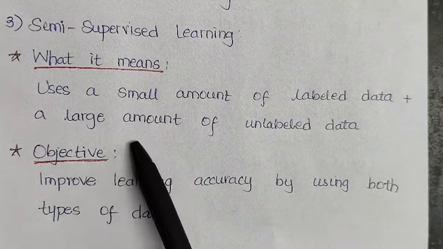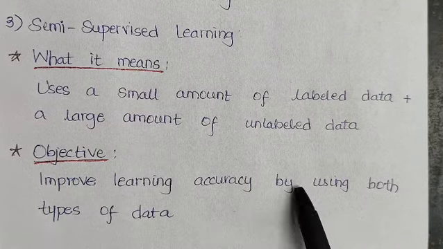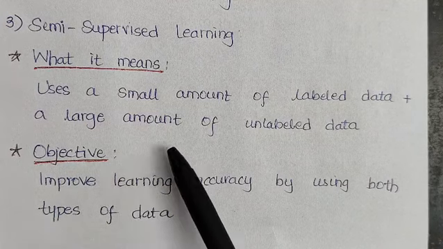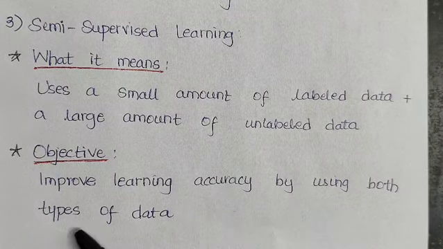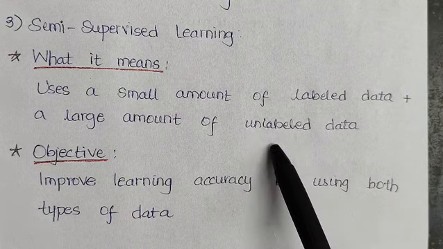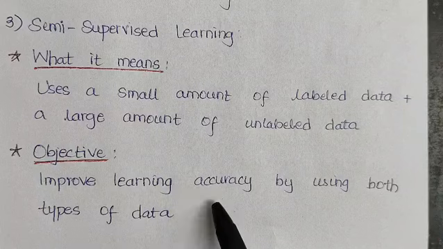The objective of semi-supervised learning is to improve learning accuracy by using both types of data. Using labeled data and unlabeled data, we increase the learning accuracy of the model.